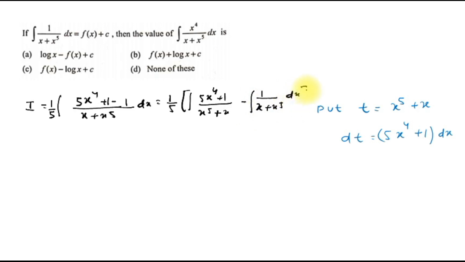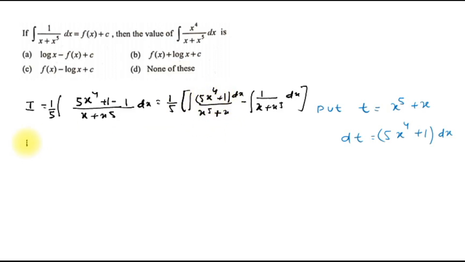Clear? So here we find that this 1 over x plus x to the power 5 dx is nothing but f(x), and this part is t. So the numerator part is dt.